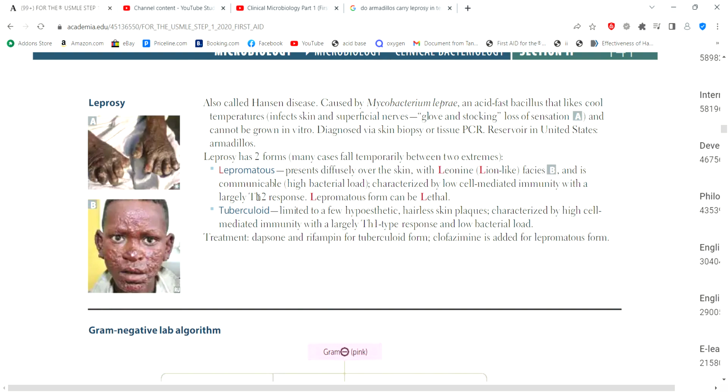Don't touch armadillos. Okay. Alright. Loss of sensation in the glove and stocking area.